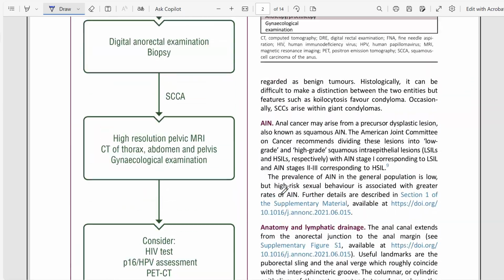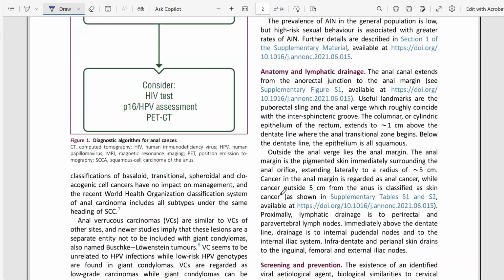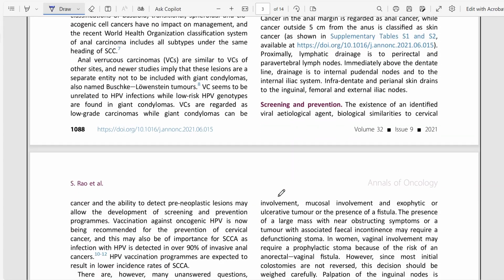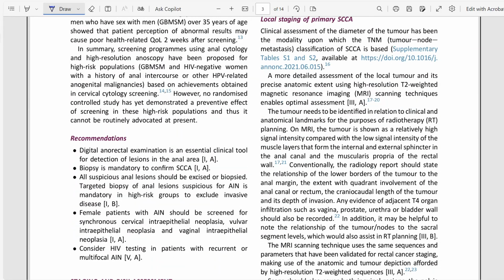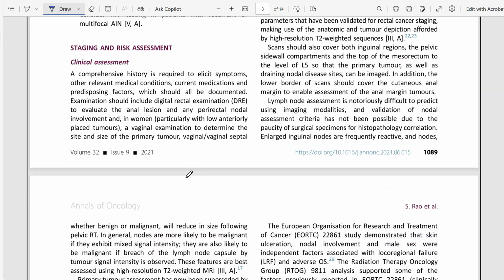The best way to stage anal canal cancers is MRI. Local staging with MRI would see T1 and T2, and then plan the sphincter distance calculation. Then you have RT planning for anal canal cancers.